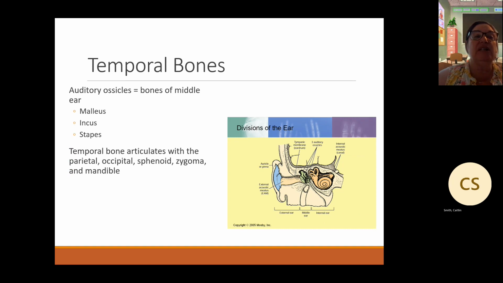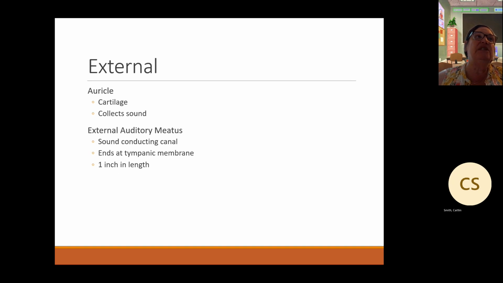Now, the auditory ossicles are bones of the middle ear, the malleus, incus, and stapes, and they're located within the petrous portion. So let's look at hearing completely. Let's start from the outer part. You have an auricle or a pinna, and that helps to collect the sound.